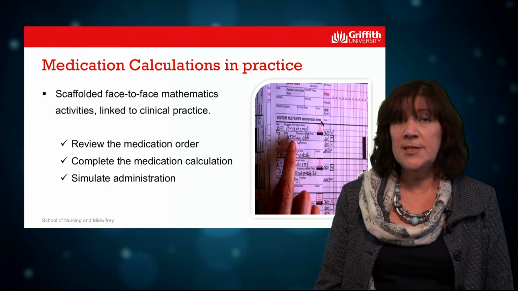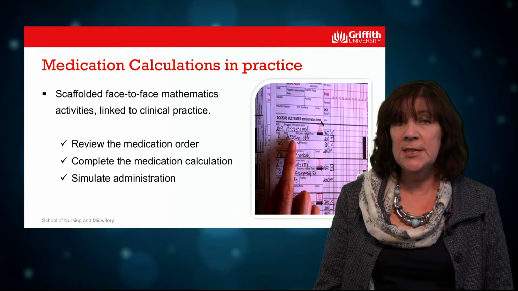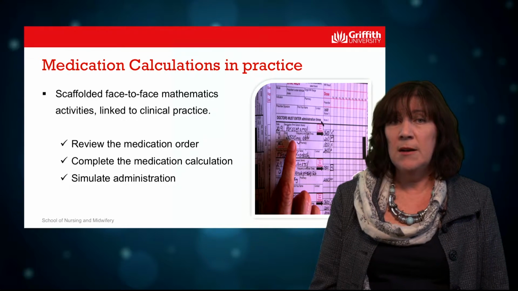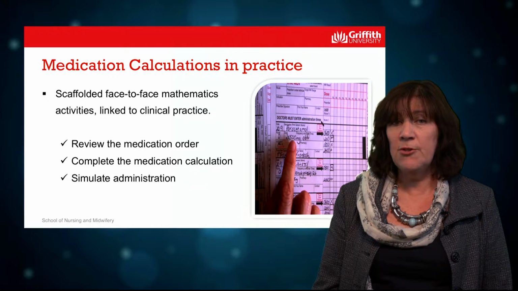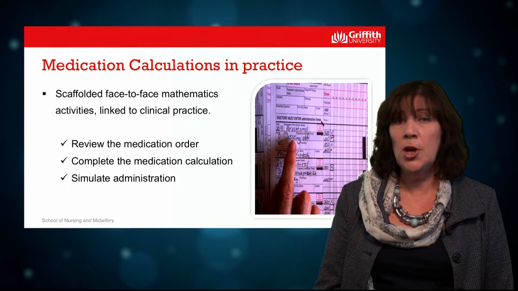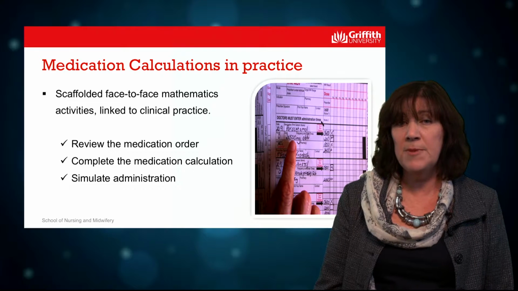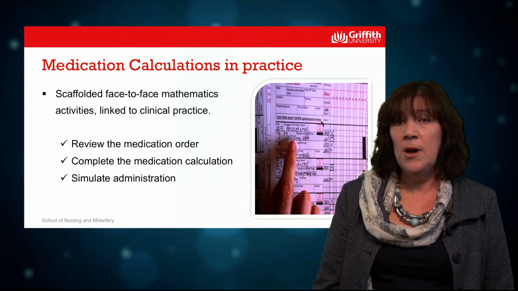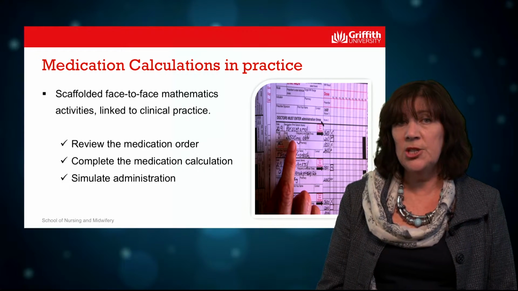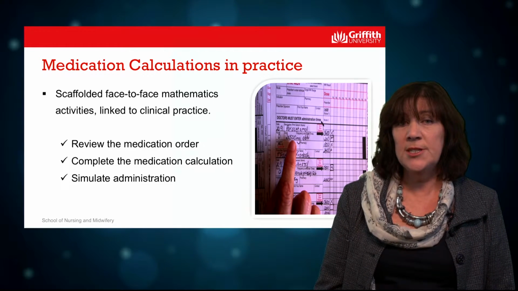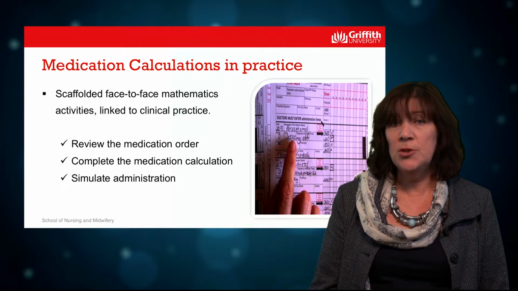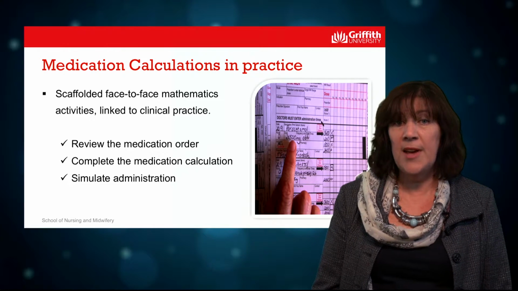So the very first strategy that we implement in the course are medication calculation activities that help to increase the students' confidence, not only in terms of the arithmetic, but also how medication calculations occur in the clinical environment. So the very first step is that the students are taught how to review a medication order to ensure that the order is valid.